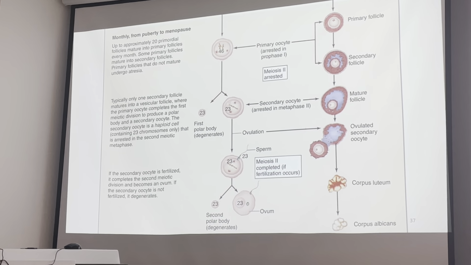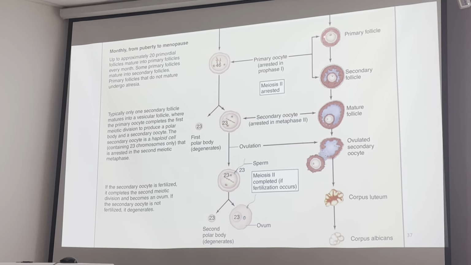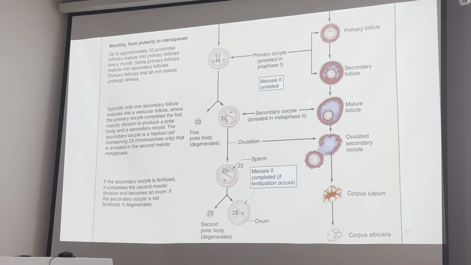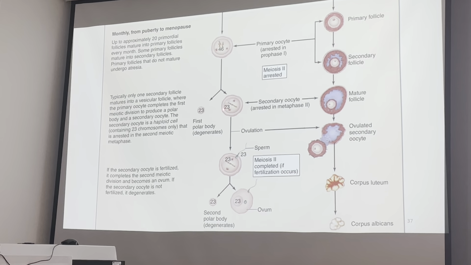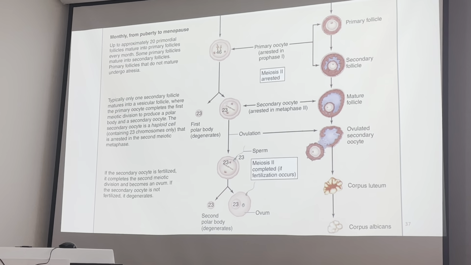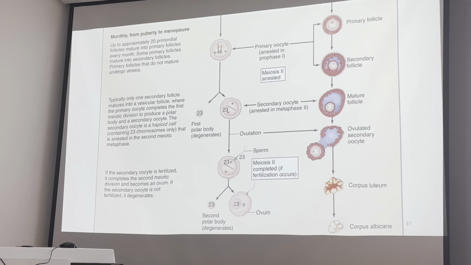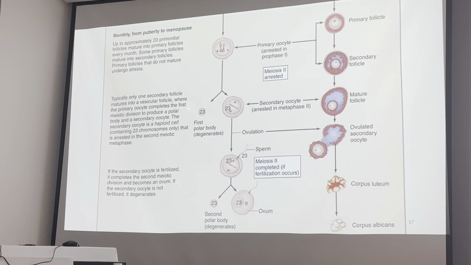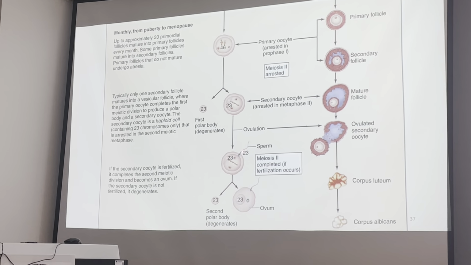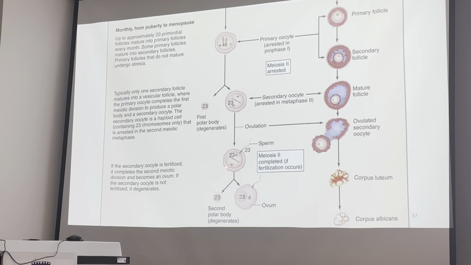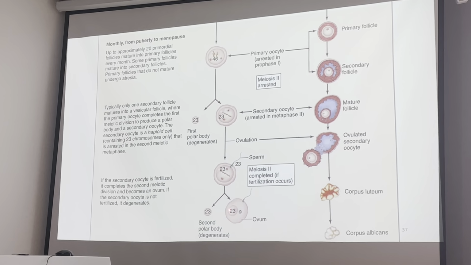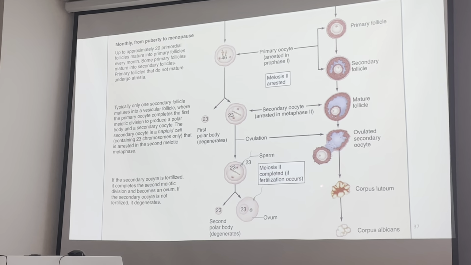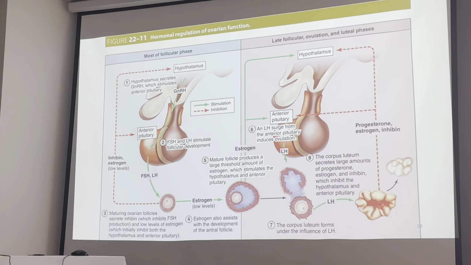After puberty, as you can see, follicles go to development, and in the mature stage, our primary follicle forms the secondary. Our primary oocyte forms the secondary oocyte and also the first polar body. After fertilization, the secondary oocyte changes into the ovum and second polar body, and the follicle changes into the corpus luteum and corpus albicans.